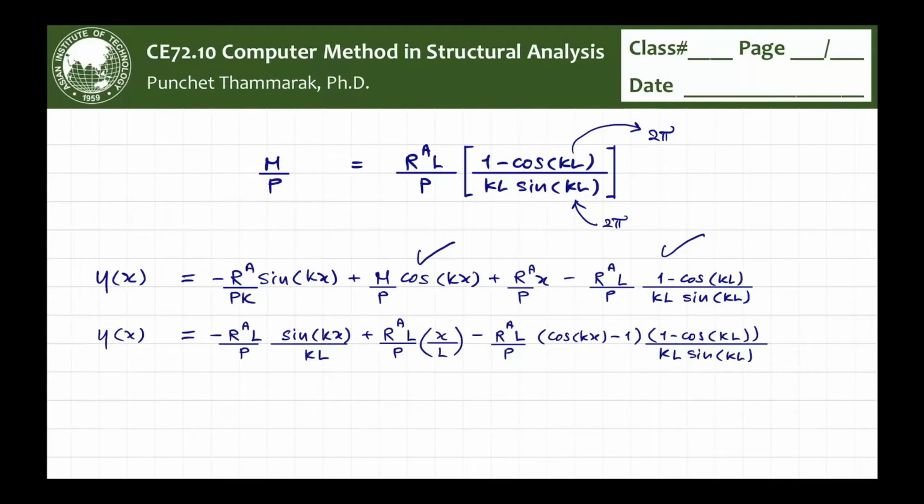How about kl? The value is right now equal to what? 2 pi, right? 2 pi.